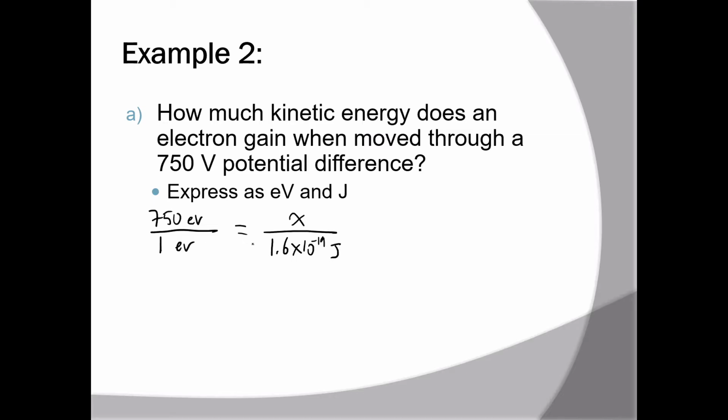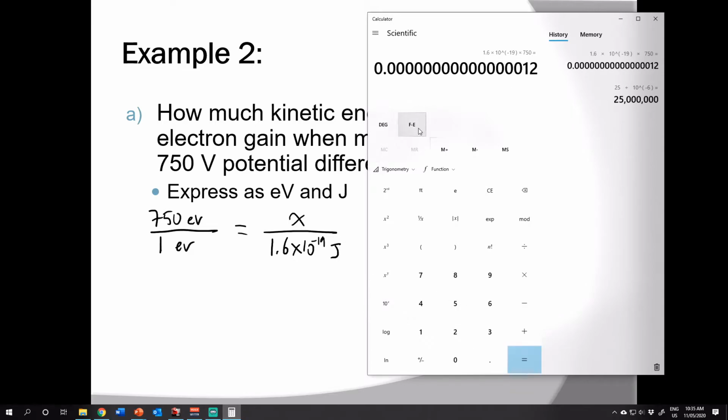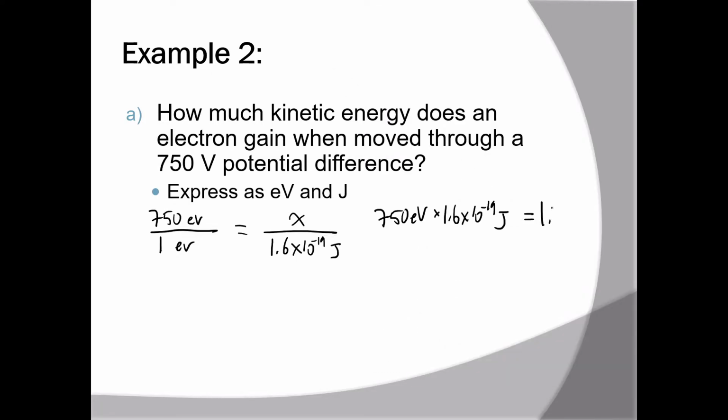So we just cross multiply in this ratio: 750 electron volts times 1.6 times 10 to the negative 19 joules. That's a really small number: 1.2 times 10 to the negative 16 joules of energy.